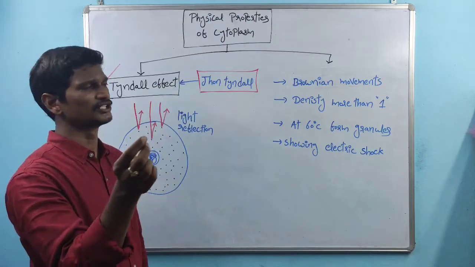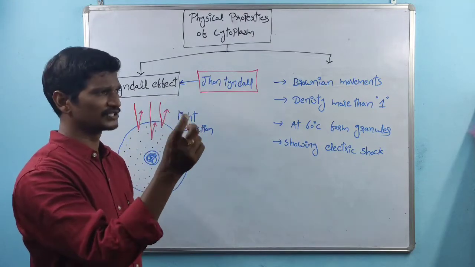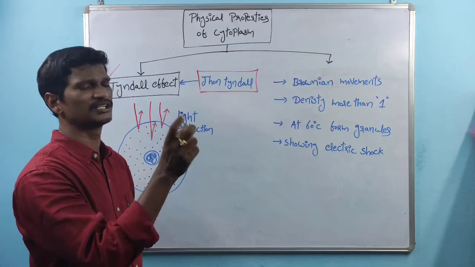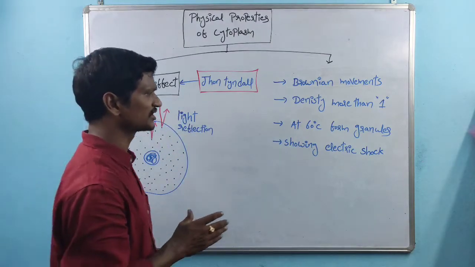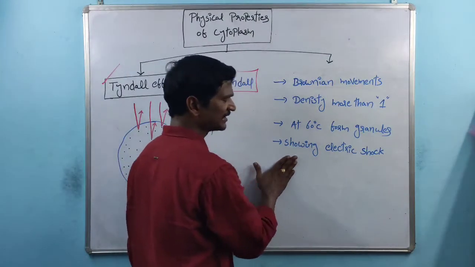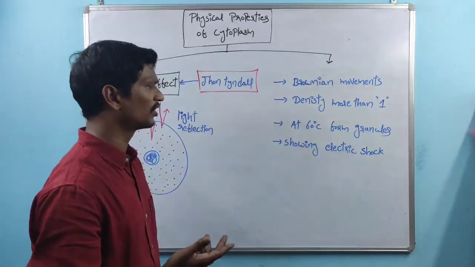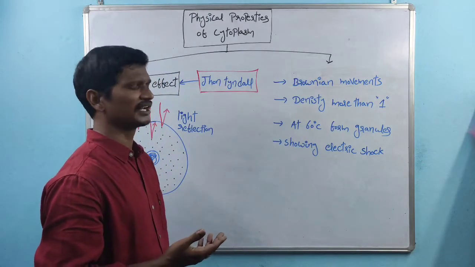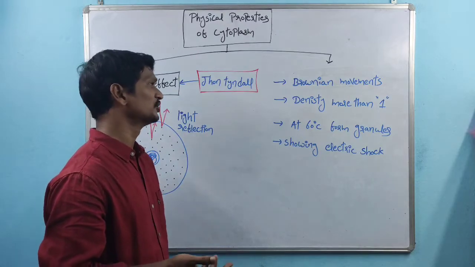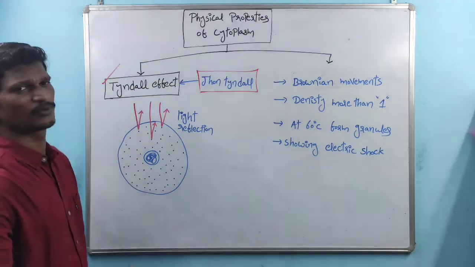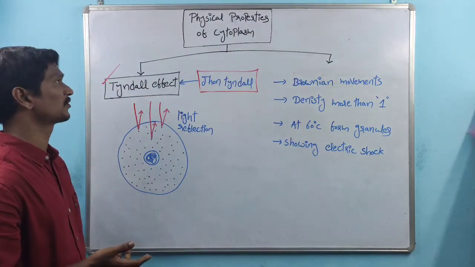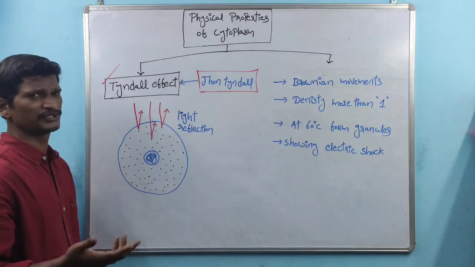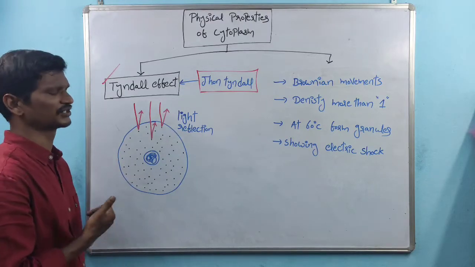The connecting part between one cell and another cell is the cytoplasm content, which contains water. Through the water, the electric impulse or electricity passes. So these are some of the physical properties of the cytoplasm. And the next one is the biological properties. That one we also discussed.